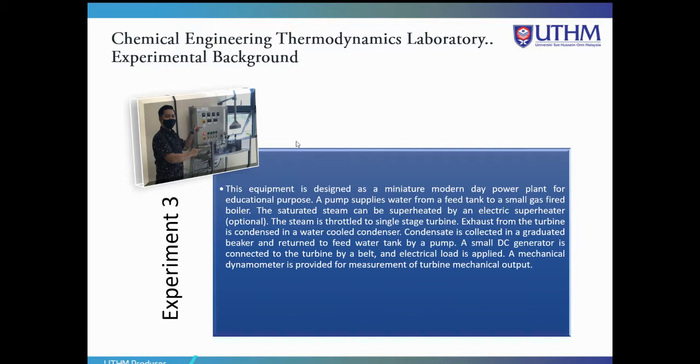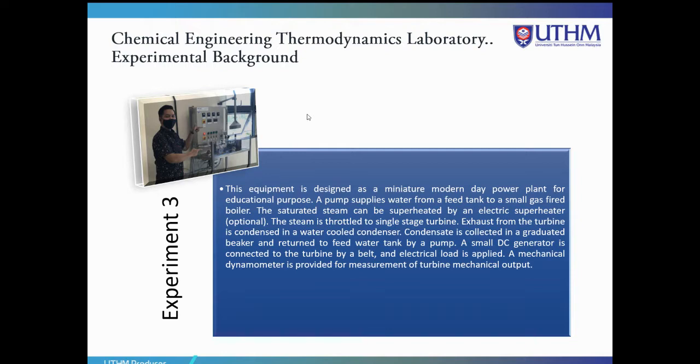The condensate is collected in a graduated beaker and returned to the feed tank by a pump. Lastly, a small DC generator is connected to the turbine by a valve and electricity is supplied. A mechanical dynamometer is also provided for measurement of the turbine mechanical output.